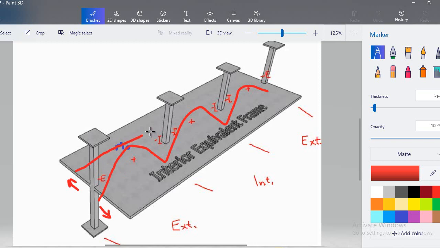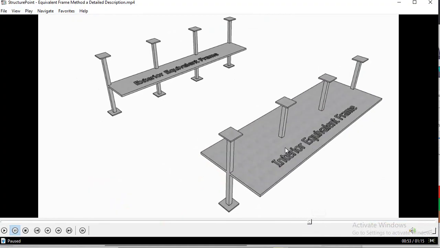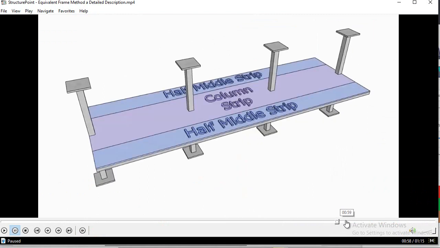You see, in the DDM method we have a column strip. Let me show you here. We have the column strip and the middle strip, half middle strip, half middle strip. So of the longitudinal moment, some part, 100%, will be absorbed in this point, while I think 75%, roundabout 60%, let me check it.